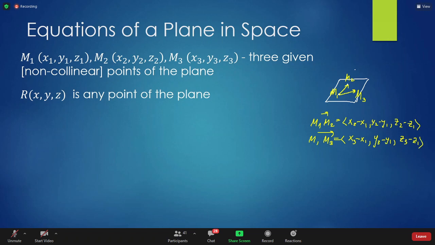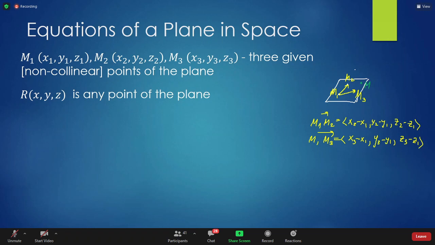And at the same time, if I have this point R, that is any other point in this plane, let's mark it with, let's say, green. So just the point R in this plane.